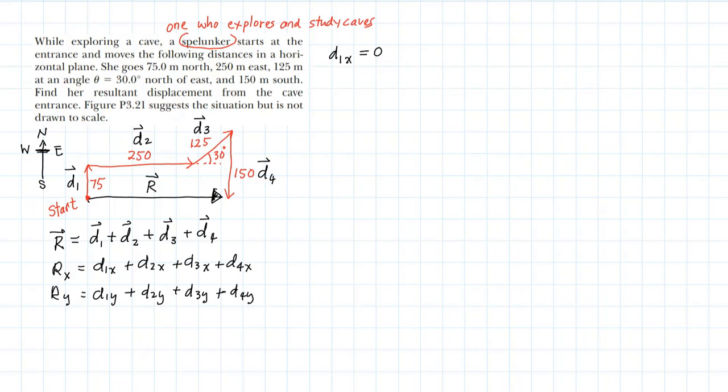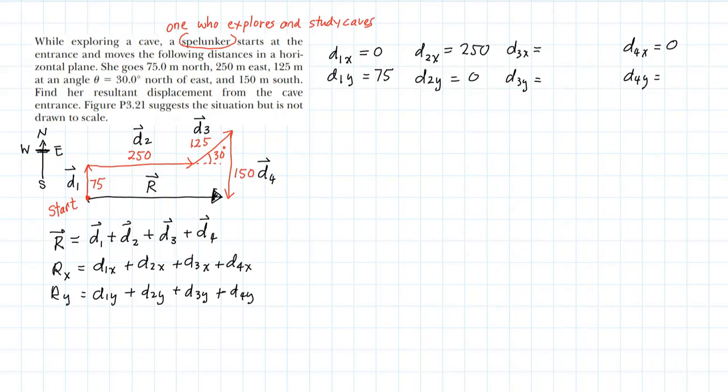D1 has no component in the x direction, so D1x is 0. D1y has magnitude 75. For D2x it is 250, but D2y has no component, 0.